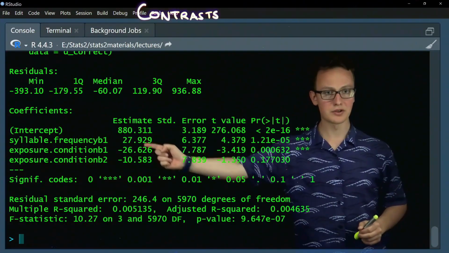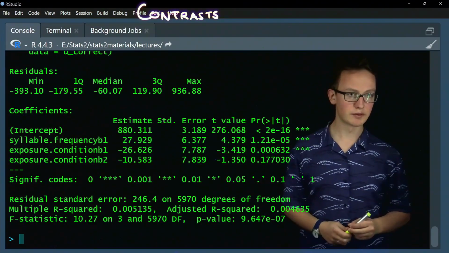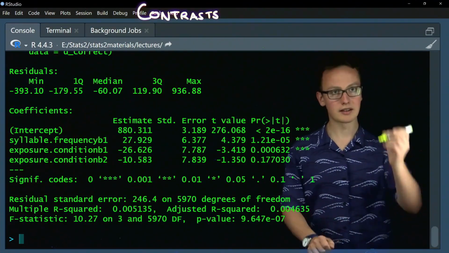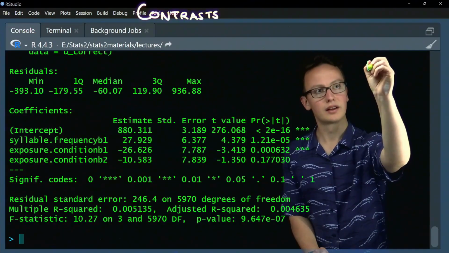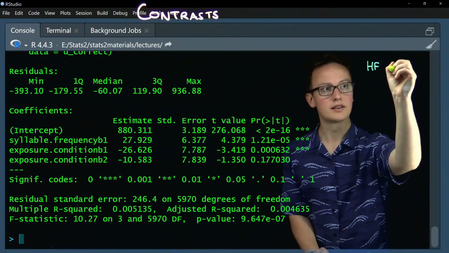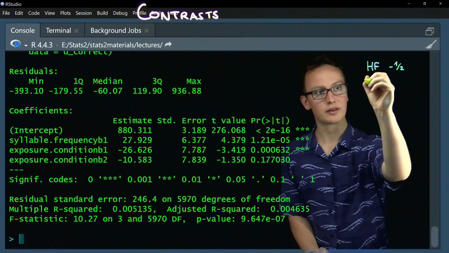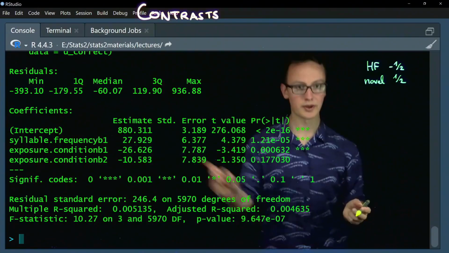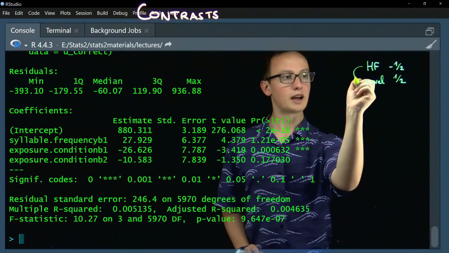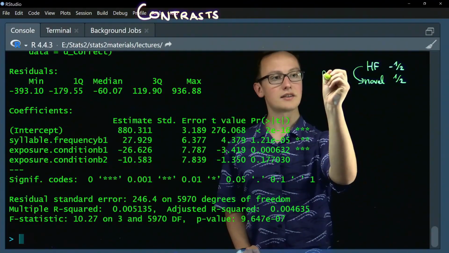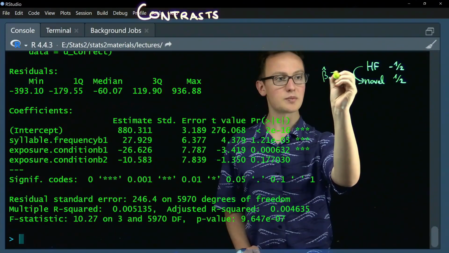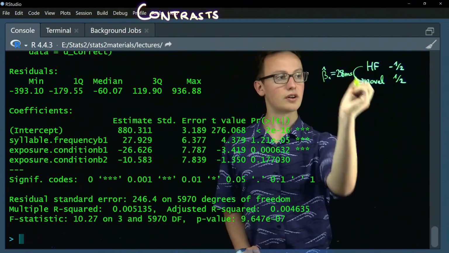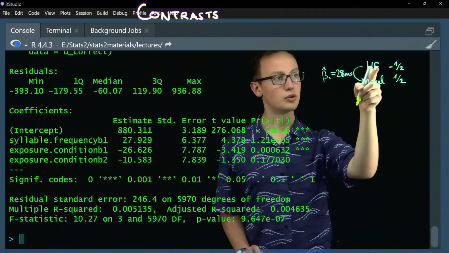And here we have our slope for the two-level factor syllable frequency. Recall that based on the coding we applied here, we coded the level highly frequent, HF, as -1/2, and the level novel as 1/2, which now means that we can interpret the slope estimate going from highly frequent to novel as follows: as the increase in response latency for novel syllables compared to frequent syllables.